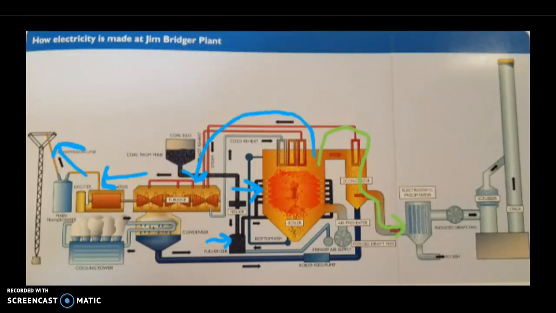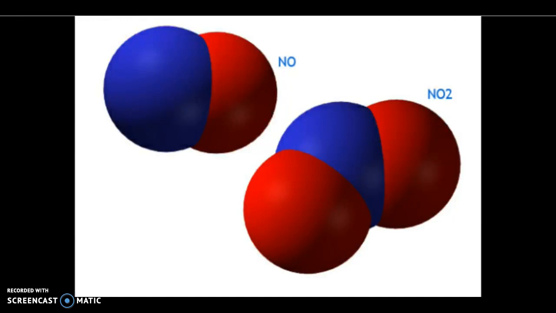It is shown by the blue arrows on this simple diagram how the energy is transferred from the turbines to the generator. One emission that is produced by burning coal is nitrogen dioxide, or NOx, as some people refer to it.